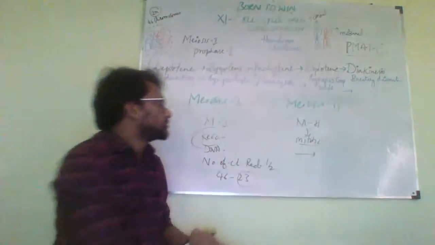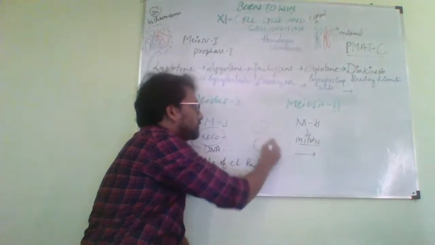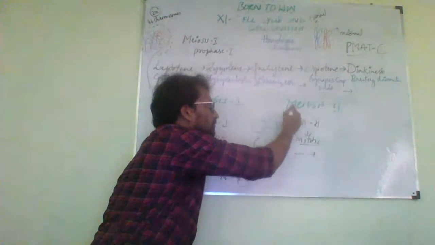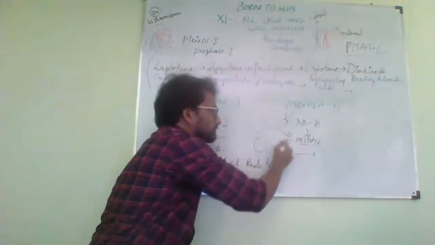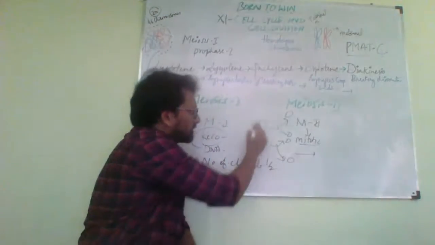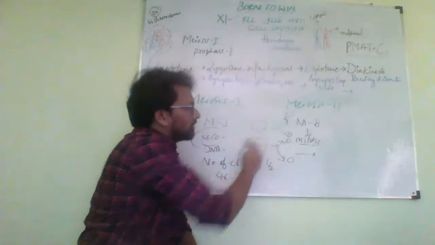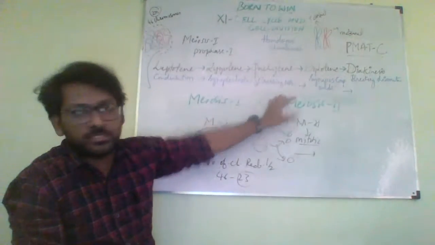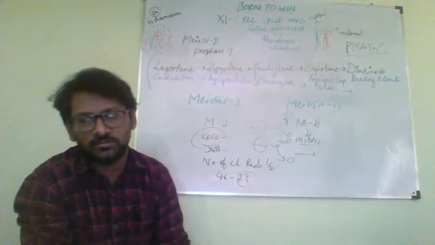The two cells which are formed enter into meiosis 2 to form 4 cells. Whatever genetic component is already fixed, this cell will undergo mitosis. That's it, that's the very easy aspect.